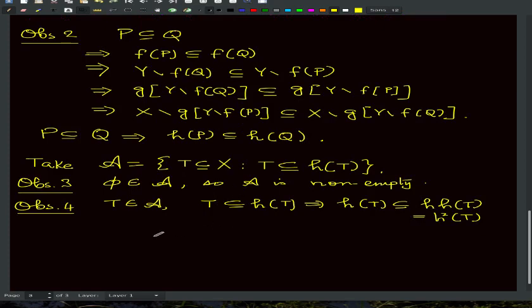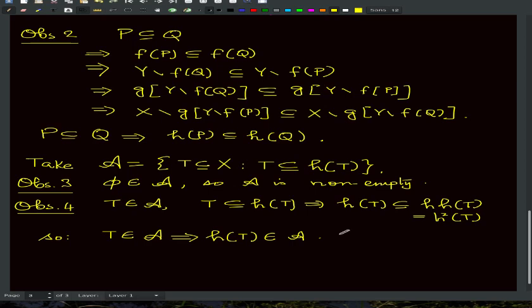So h(T) also satisfies the condition of inclusion in A, and hence if T is in A, then h(T) is also in A. Okay, so you don't go out of A by taking h.